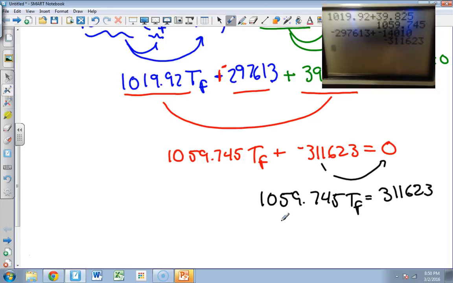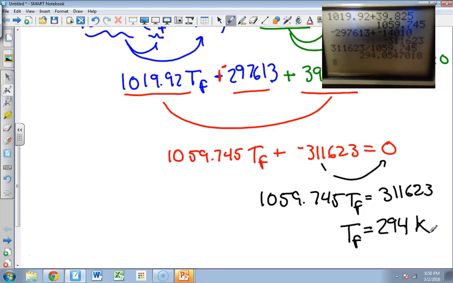So we'll do 311,623 divided by 1059.745. And when we do that, we get a temperature, TF, equal to 294 Kelvin.